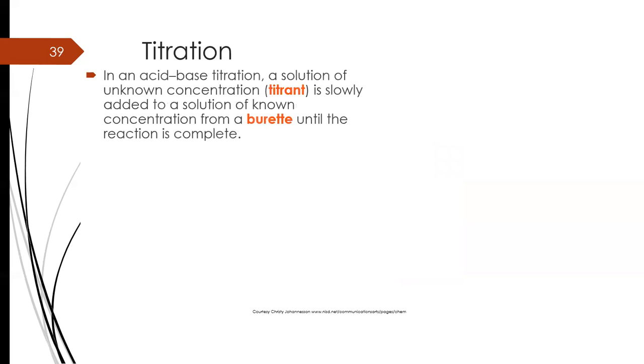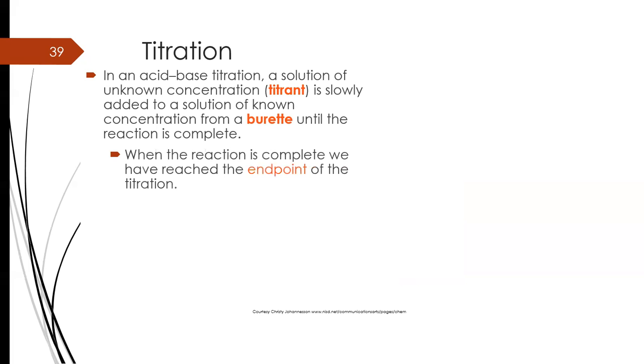In an acid-base titration, the titrant is the thing that we slowly add from a burette, of known concentration. The endpoint is when we've reached the end of our reaction, and that is going to be shown by an indicator.